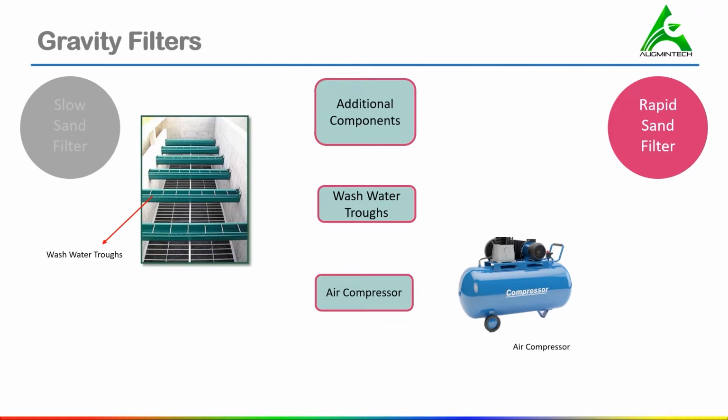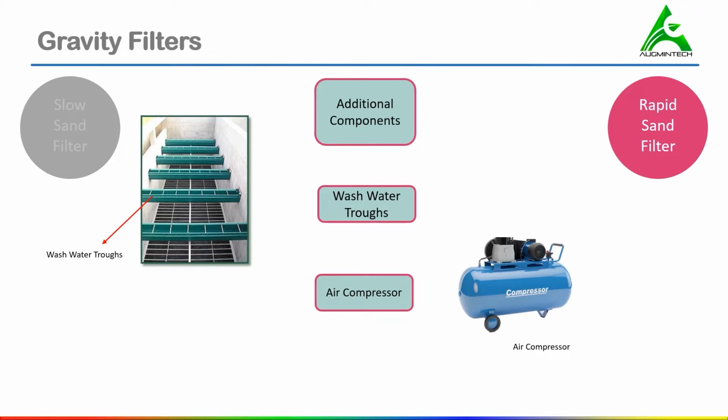Generally, it should have the capacity of supplying compressed air at the rate of 0.60 to 0.80 cubic meter per minute per square meter of filter area for 5 minutes. The pressure of the compressed air should be sufficient to overcome the frictional resistance offered by the air pipes and the depth of water lying above the air distribution system.